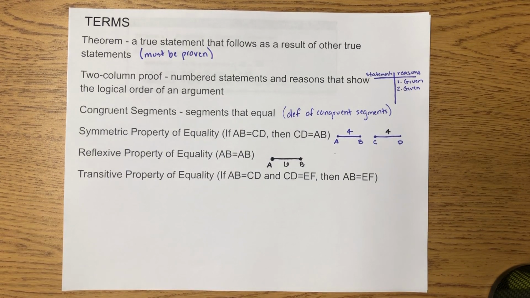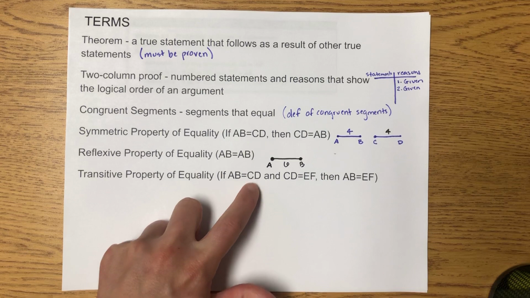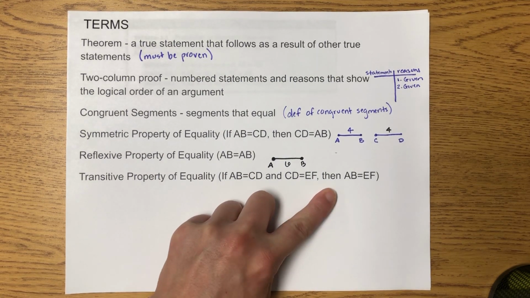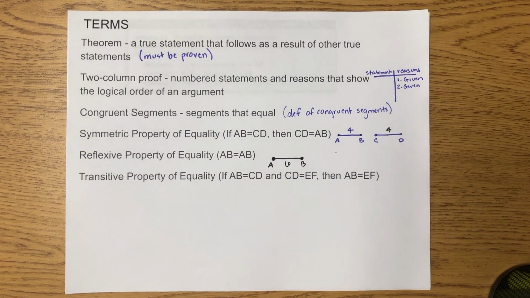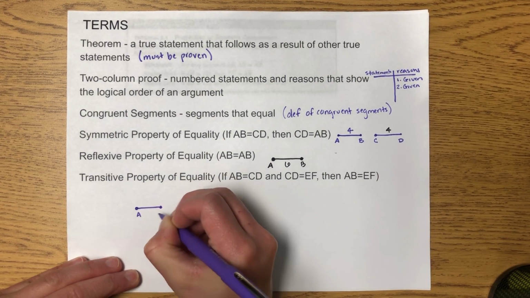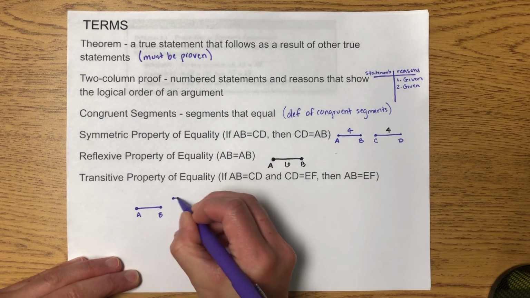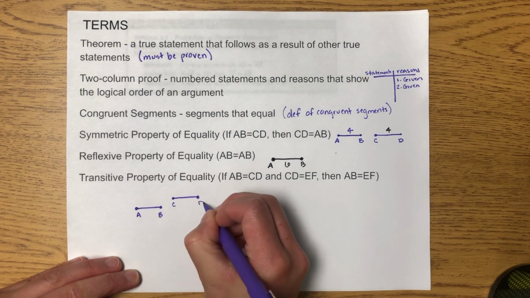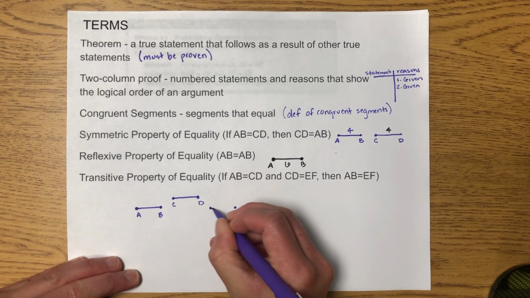The transitive property of equality is saying that if AB equals CD and CD equals EF, then AB must equal EF. So if the length of AB and CD are 4, and the length of CD and EF are 4, then AB must be 4. Okay, so basically if we have a line segment AB, and we have another line segment CD, and we have a third line segment EF.